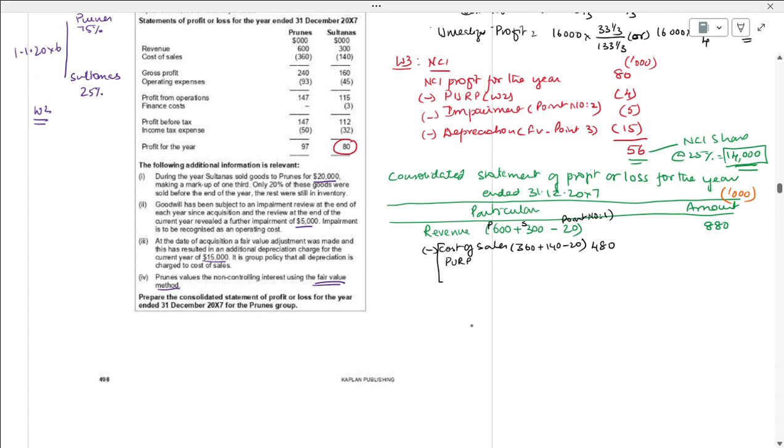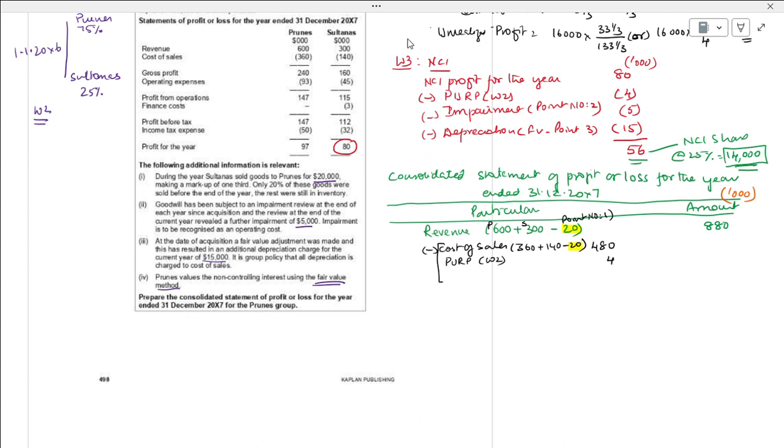We have to deduct it from the sales as well as from the purchases, the same amount. Okay, portion of unrealized profit. I am writing this. Working 2, how much is there? 4. These are all expenses.